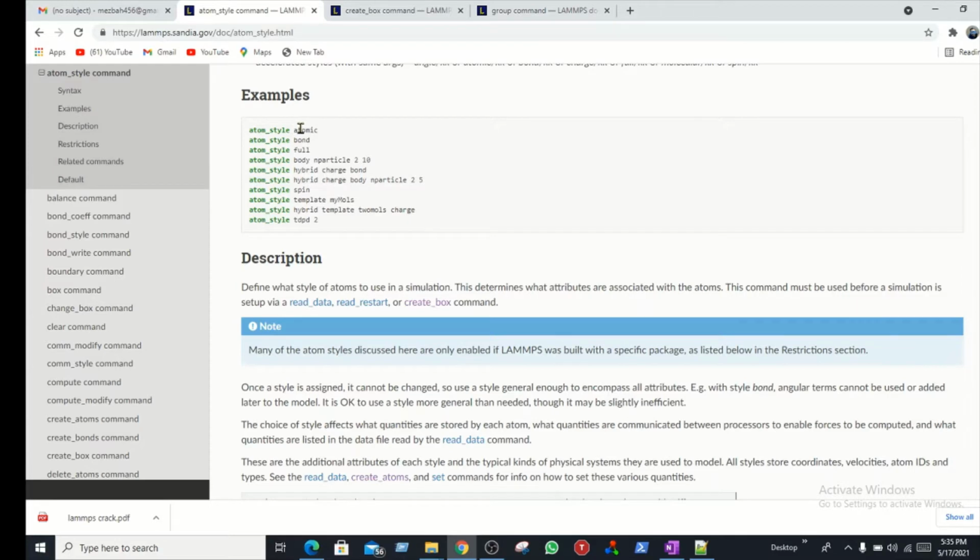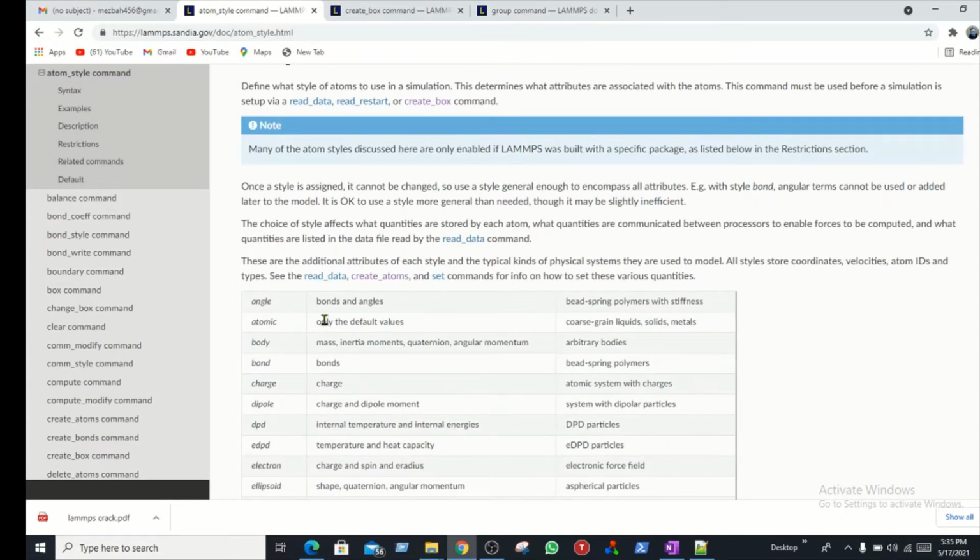You can use atomic, bond, full, and etc. We will use atom style atomic for coarse grain, liquid, and solid materials only. And if we use an electric force field, then we will use atom style electron, and etc.